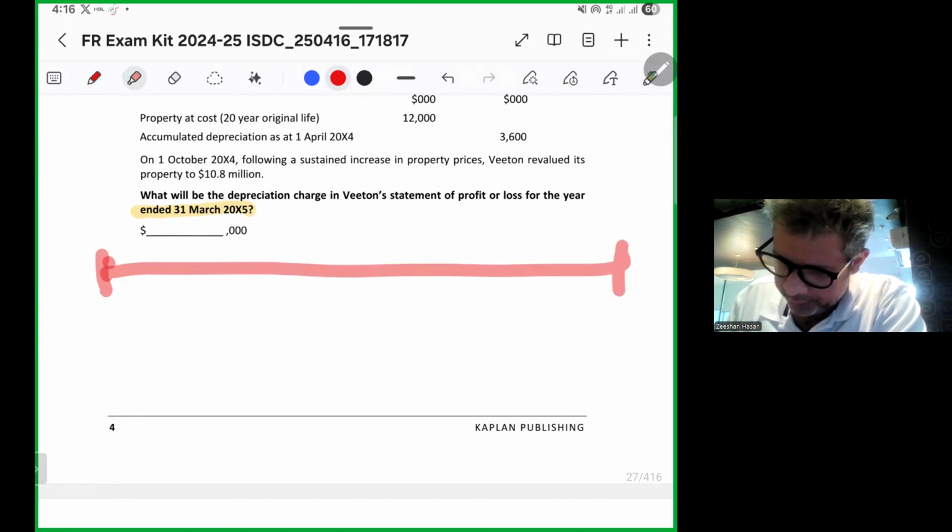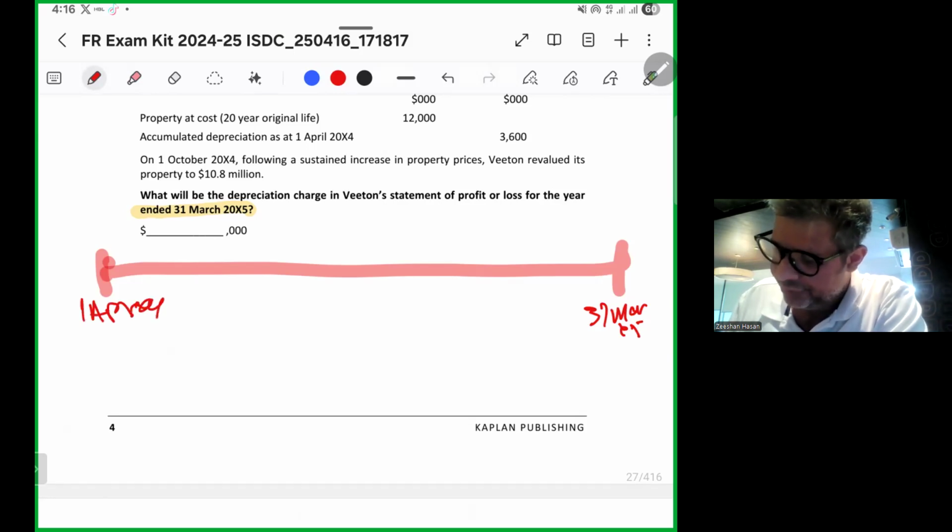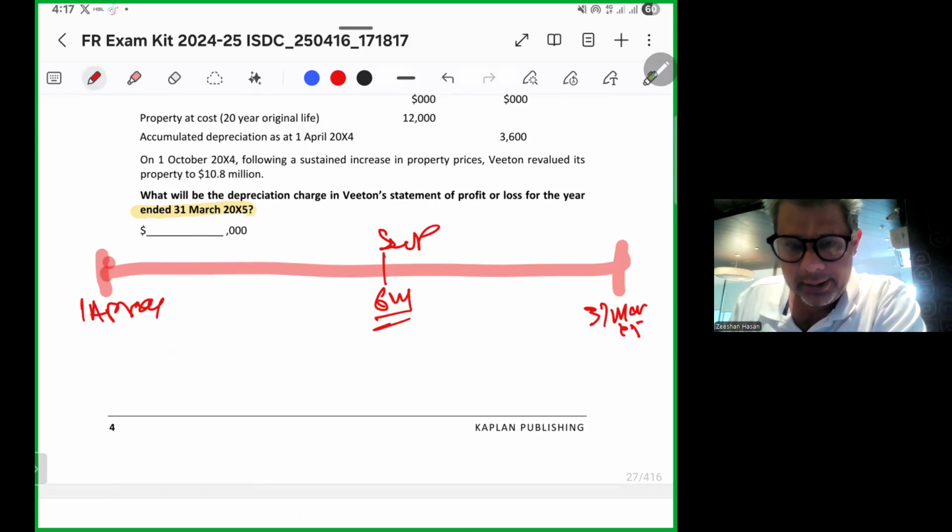Let's do this one over here. 1st April X4. So April, May, June, July, August, September. After 6 months, so 6 months depreciation here in September, the date on which we revalued the asset.